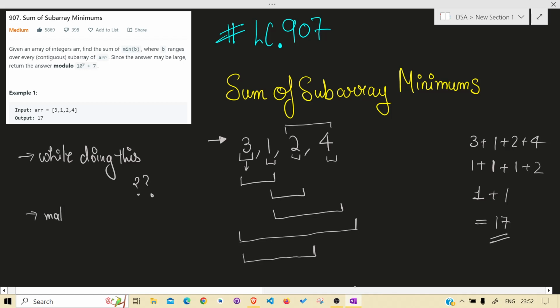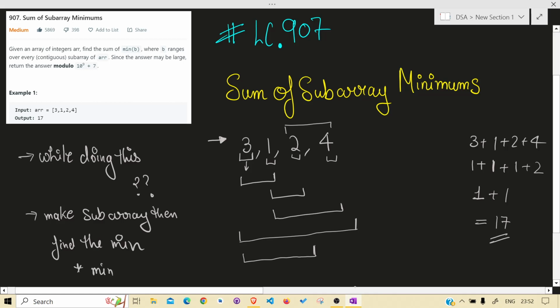Make the subarray and then find the minimum. In C++, it can be found using min_element.